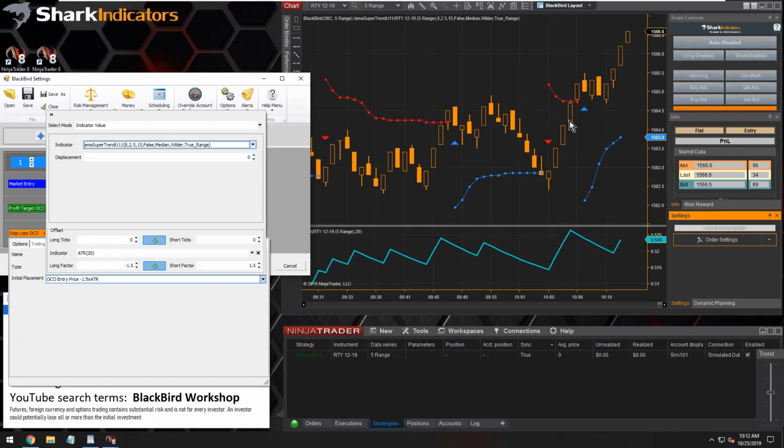For the RTY, 1 point is 10 ticks, so a 5 tick range bar is half a point. That's why the ATR is adjusting around inside this half point range. Bottom line, the ATR is outputting in terms of points, and BlackBird is taking the ATR value in points, converting it to ticks, and then applying an offset.